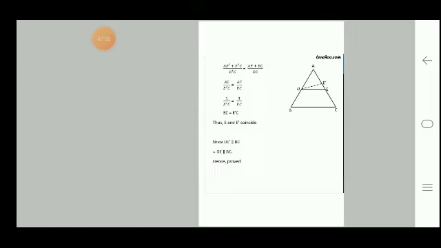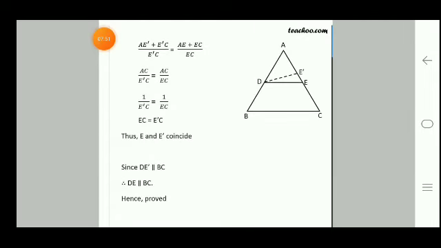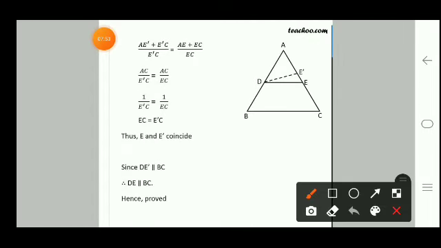On solving this, AE dash plus E dash C is equal to AC, and AE plus EC is equal to AC. So we have AC over E dash C is equal to AC over EC. AC and AC cancel out, so we have 1 over E dash C is equal to 1 over EC, that is EC is equal to E dash C.